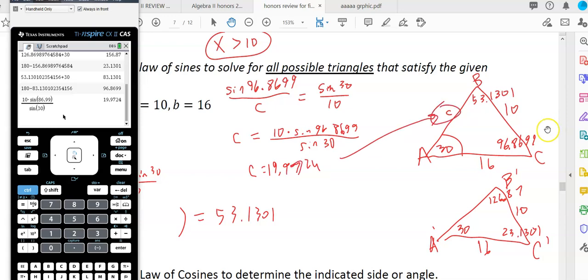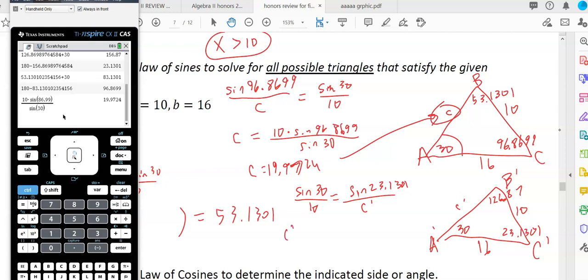And then we do it one more time over here. So this would be sine of 30 over 10 equals sine of 23.1301 over little c prime. Nice ring to it there.